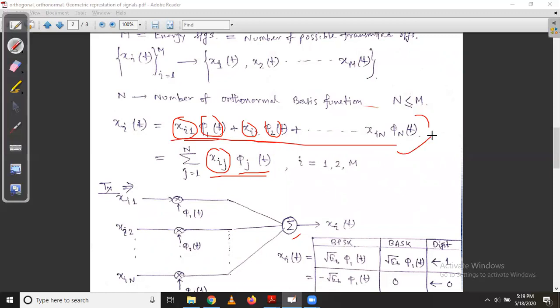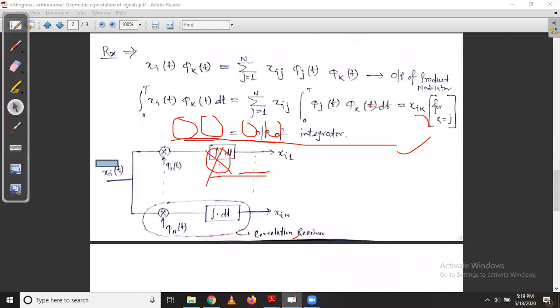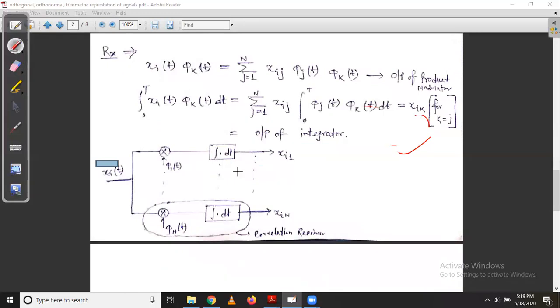At the receiver side, we want to get back only the message signal. By using a product modulator and some integrator, we got this x of i1 up to x of in.